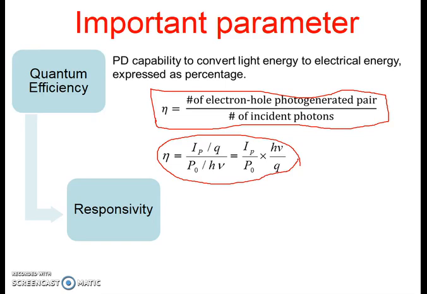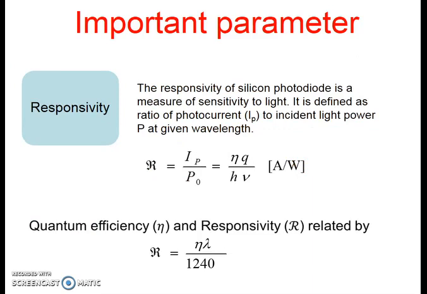Okay, the other important parameter is the responsivity. Okay, we look at what is the responsivity definition. The responsivity of a silicon photodiode is a measure of sensitivity to light. In general, it is defined as the ratio of photocurrent IP to incident light power P at a given wavelength.